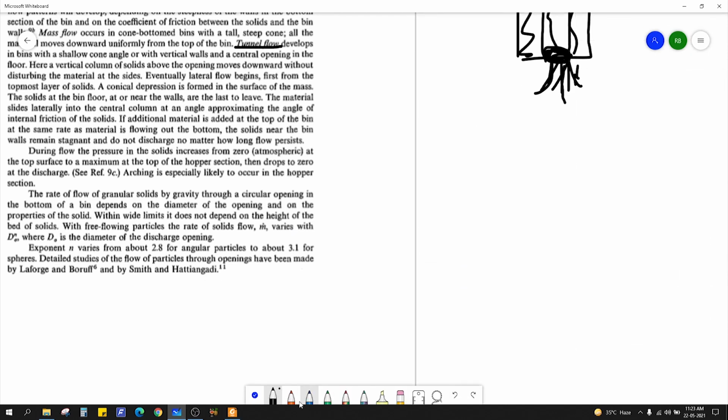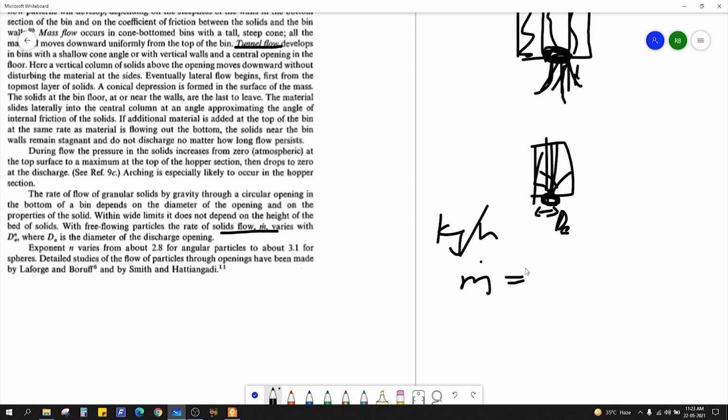There is one expression, right? If there is an opening at the bottom of the bin, how much solid will flow per unit time is a function of this opening diameter. The flow rate m dot has units of kg per hour, tons per hour, or grams per second, whatever you prefer.